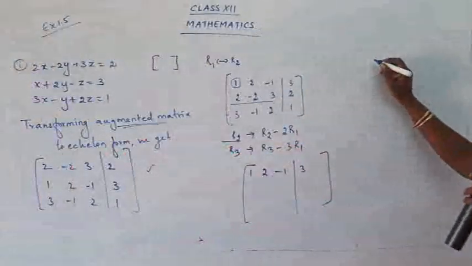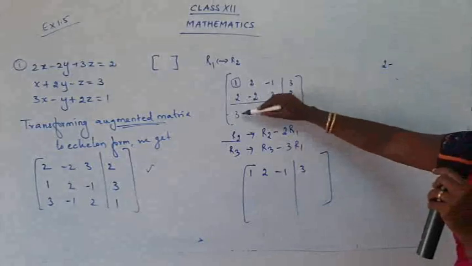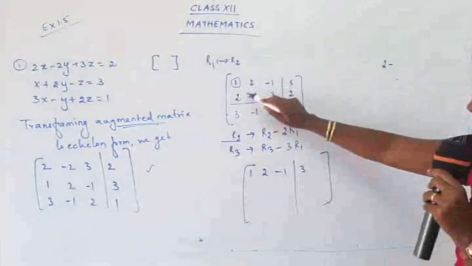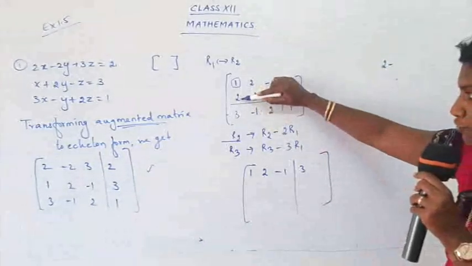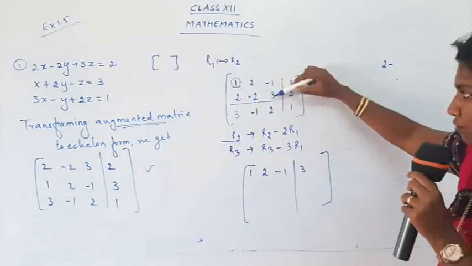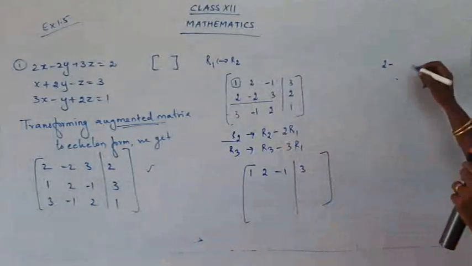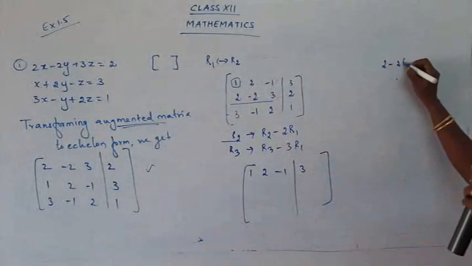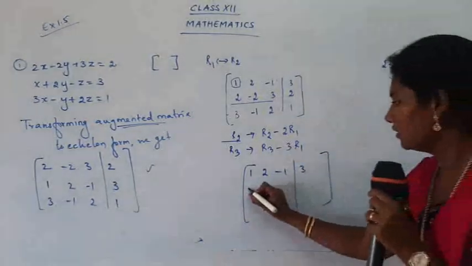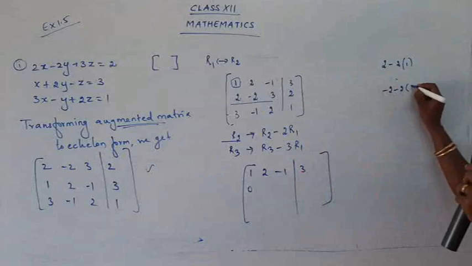I hope you would have started, yes children? So 2 minus, and do not forget to take the corresponding element, okay? Don't just take off your own choice. If you're taking 2, it means the first element, the corresponding element, 2, 2, 3, 3, you have to follow the corresponding element. For R2, I have taken 2 minus 2 times 1, so it is 0. Second one, minus 2, minus 2 times 2.